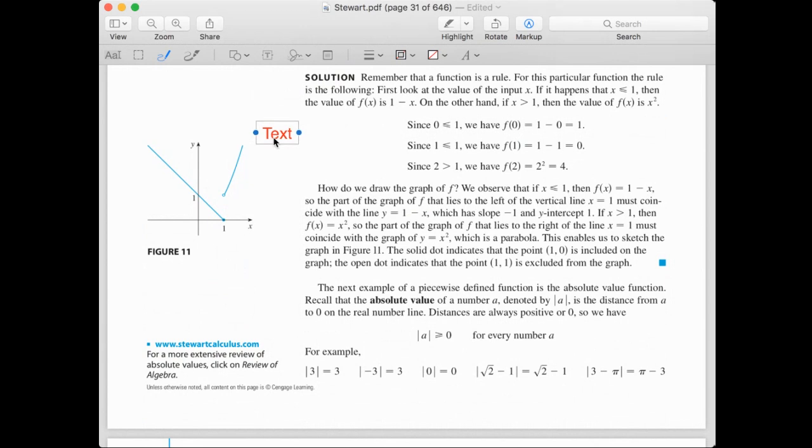This function is not continuous, all right? So what is the domain? The domain is from negative infinity up to 1, right? I won't be able to type negative infinity, let me just use a word.